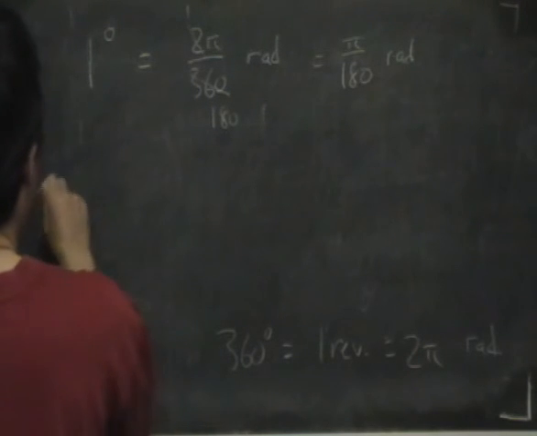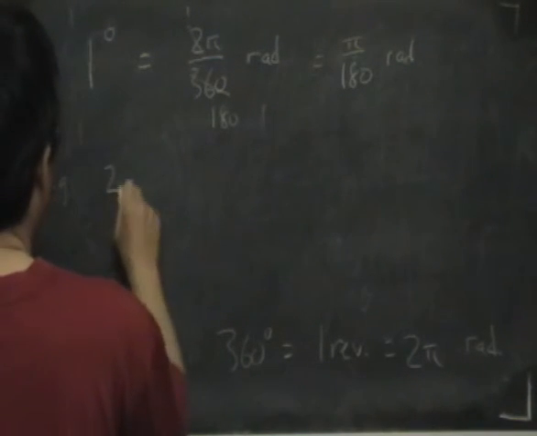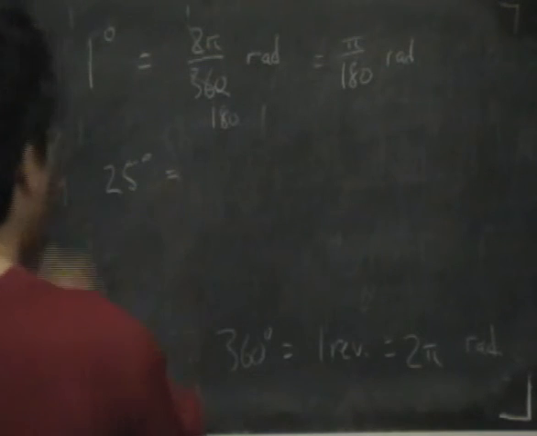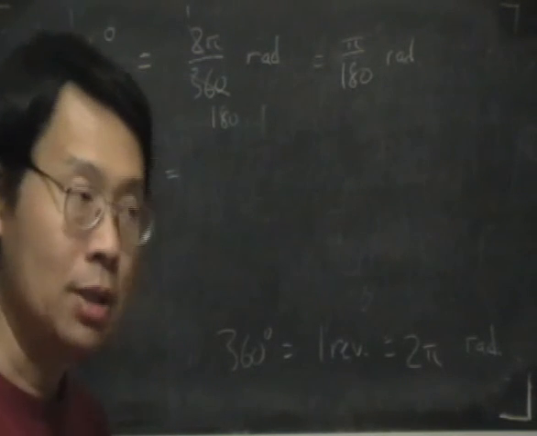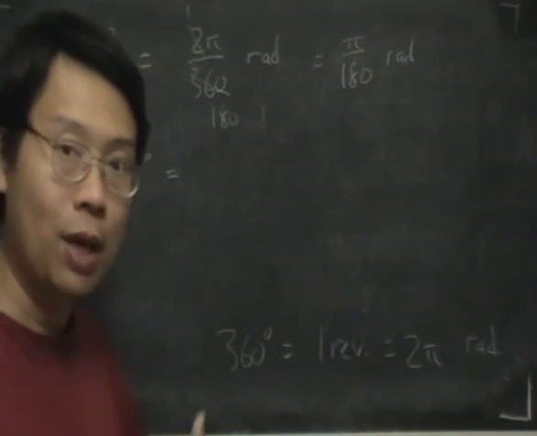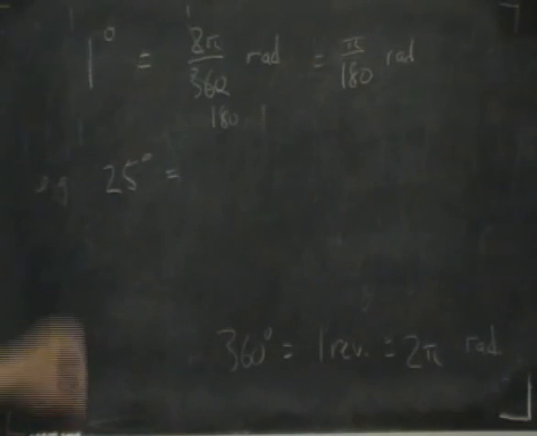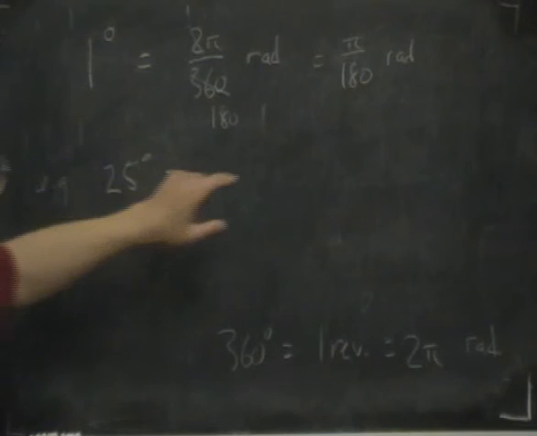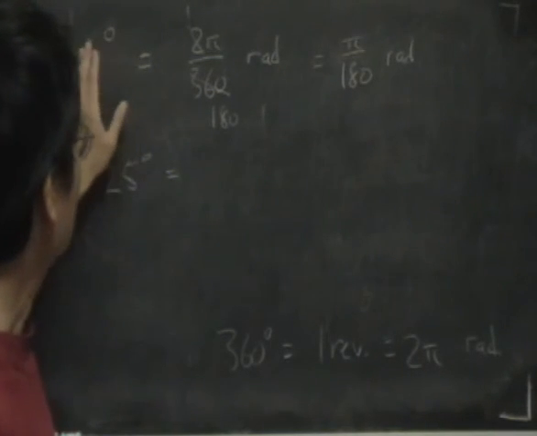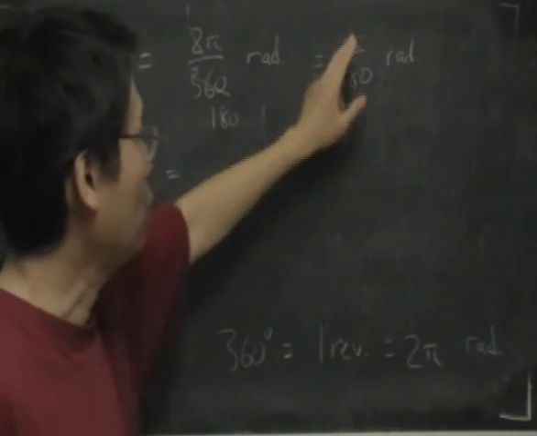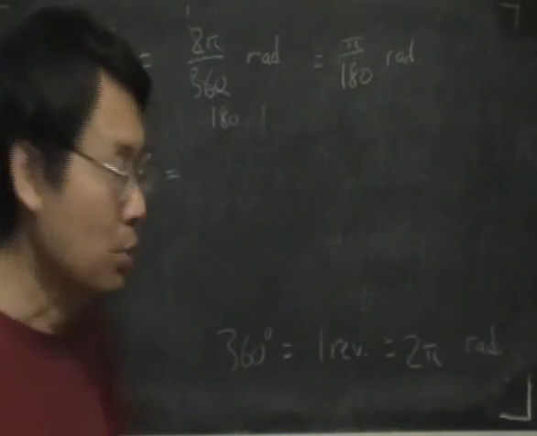For example, if I have 25 degrees and I want to find this in terms of radians, what do I do? Well, I will go to this formula. 1 degree is pi over 180 radians.